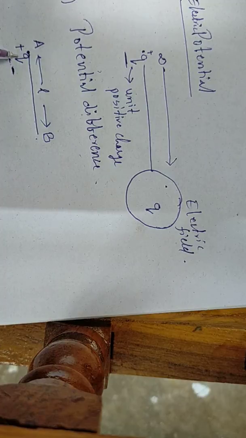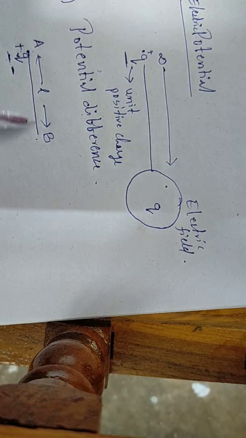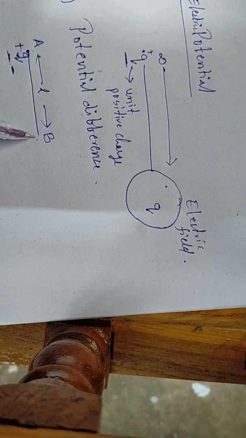We did work to bring this unit positive charge from infinity to a point A in the electric field, so it got energy, meaning it got potential. Now it is at A with some potential, and we are still working to move it from A to B. Further it is gaining energy, meaning its potential has increased.